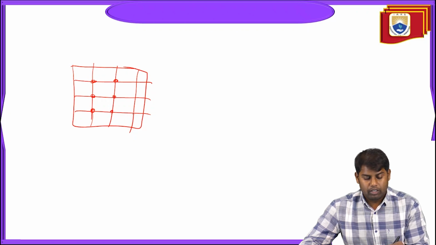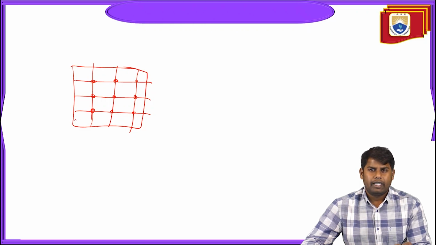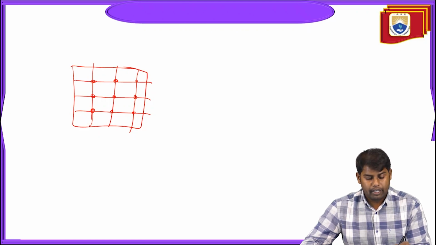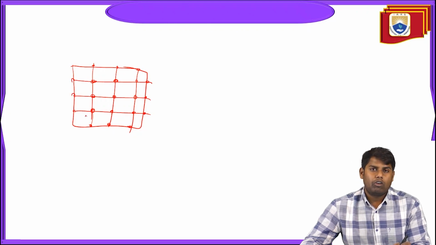The 9 points are called grid points or node points, which are formed inside the domain. Therefore these are called the internal points. And here we have 1, 2, 3, 4, 5, 6, 7, 8, 9, 10, 11, 12, so 12 points which are on the boundary. Therefore they are called the boundary points.